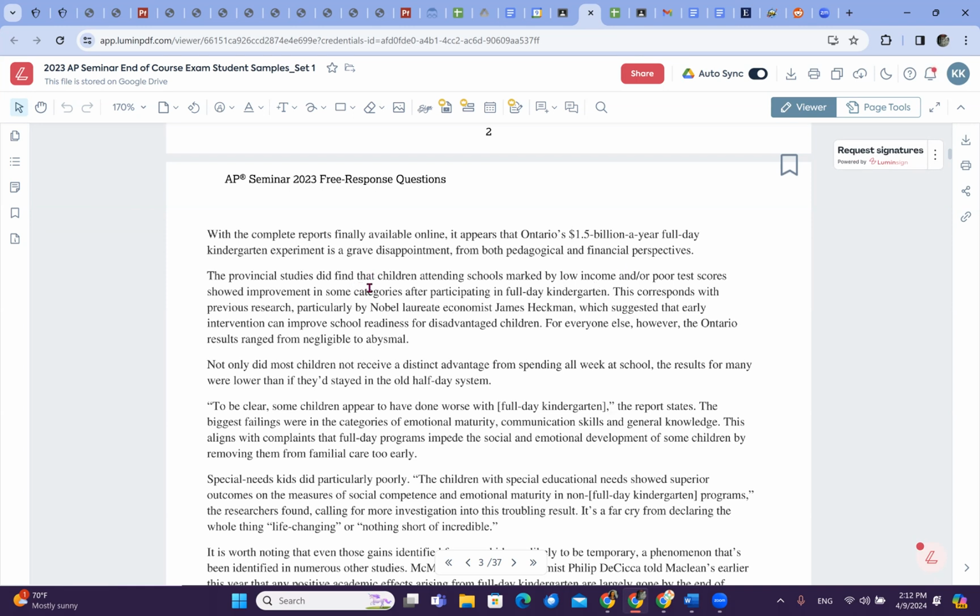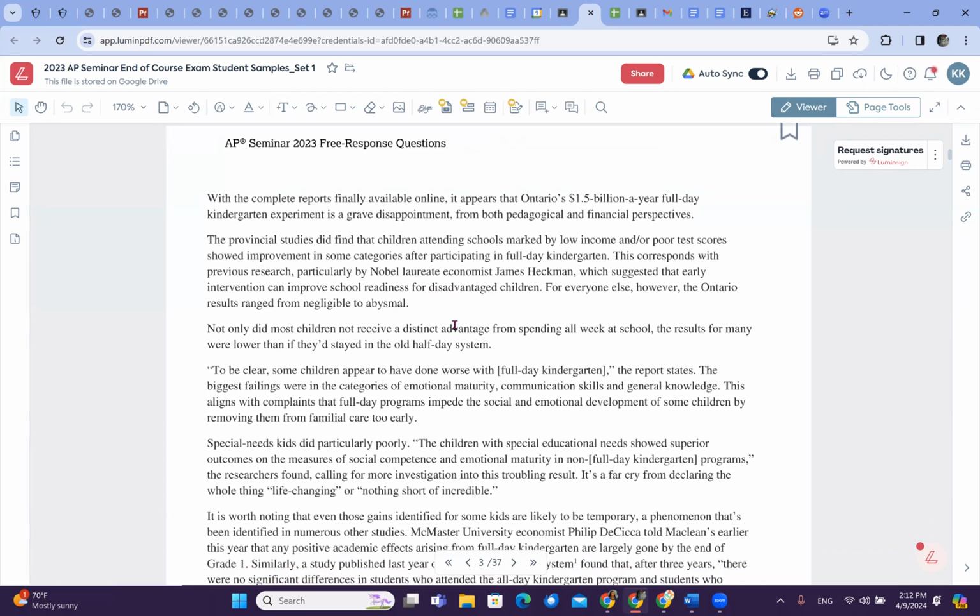The provincial studies did find that attending schools marked by low income and poor test scores showed improvement in some categories after participating in full-day kindergarten. Okay. This corresponds to previous research, particularly by a Nobel laureate, which suggested that early intervention can improve school readiness for disadvantaged children. For everyone else, however, the Ontario results ranged from negligible to abysmal.